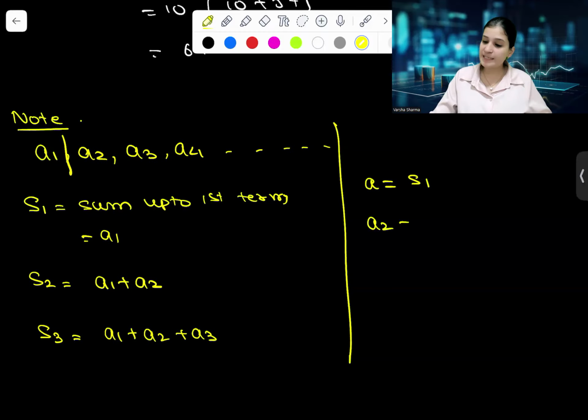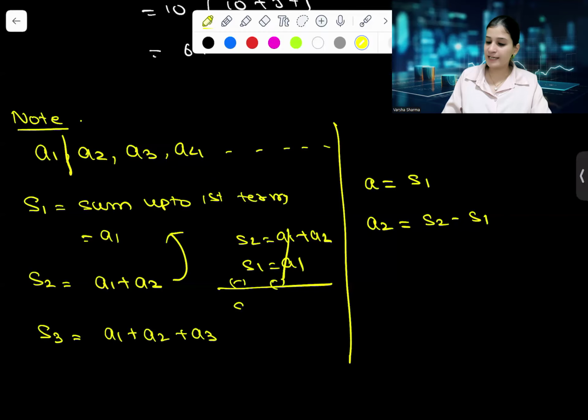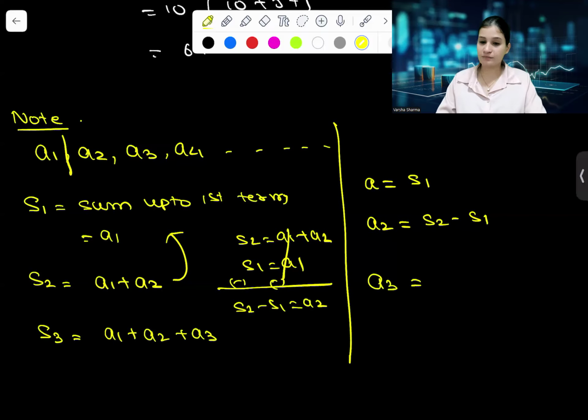The second term will be the same as the subtraction S2 minus S1. S2 was A1 plus A2. S1 was A1. If I subtract them, I'll get A2. A3 will be S3 minus S2.